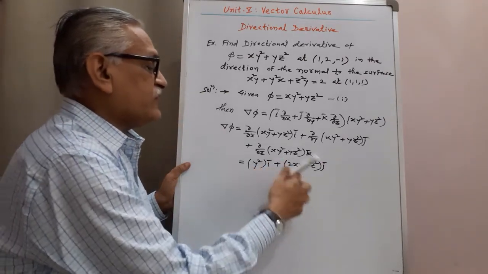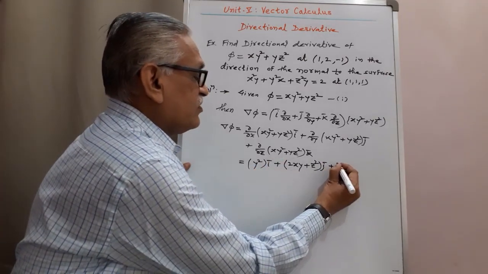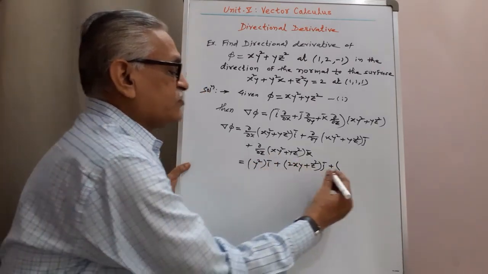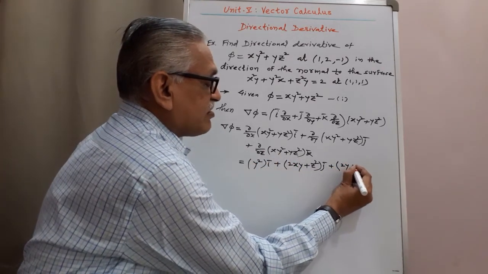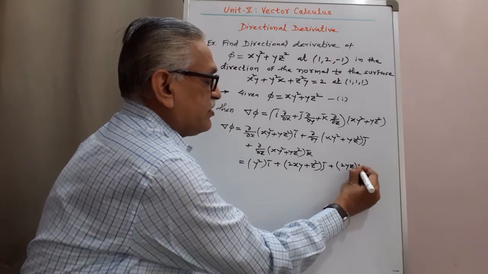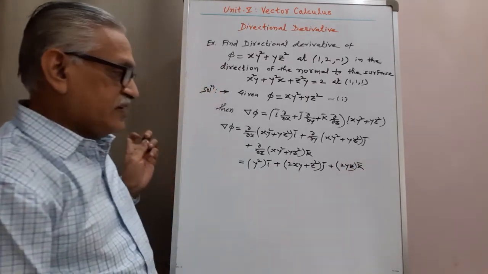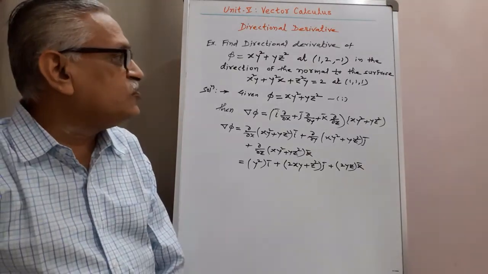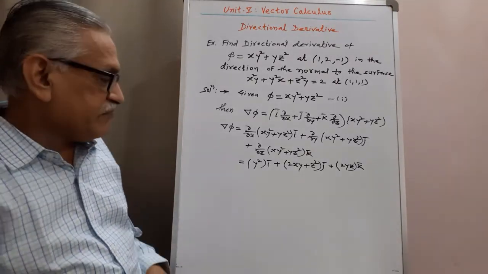Then differentiating with respect to z, the first derivative is 0 and the second is 2yz into k. Then we determine its value at the point (1, 2, -1).